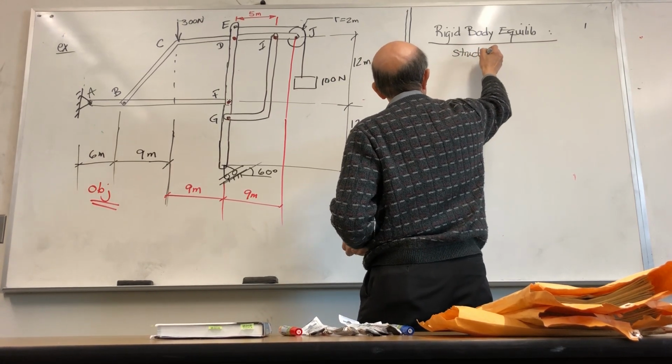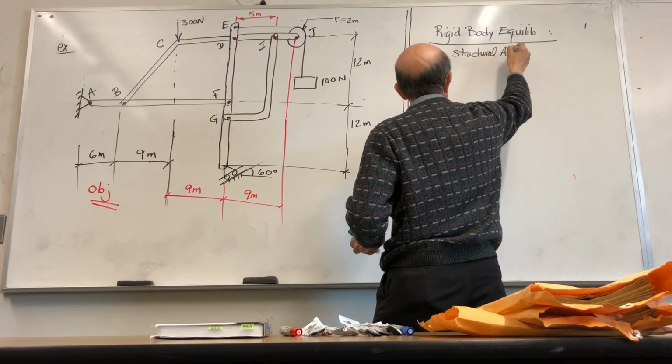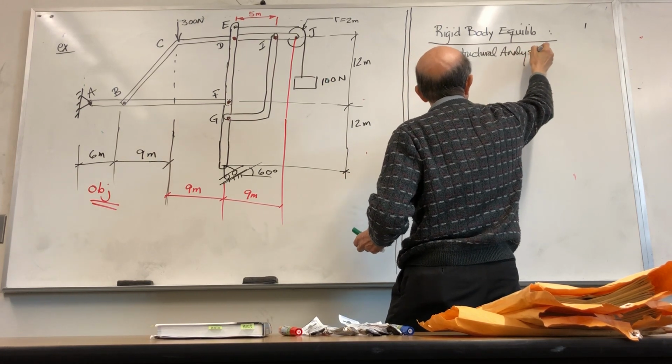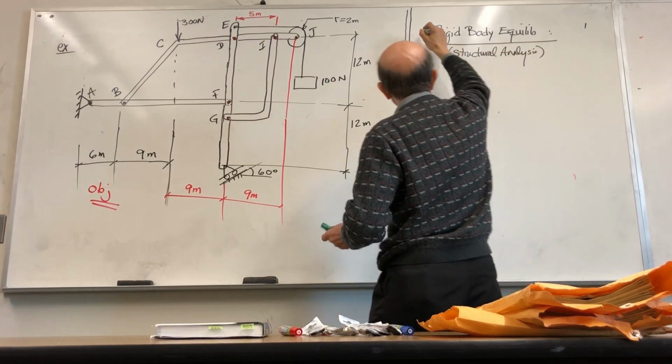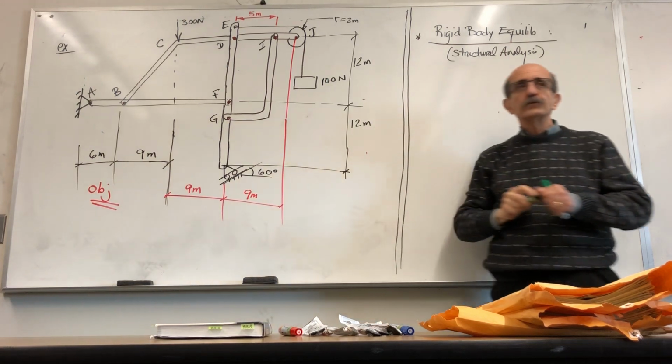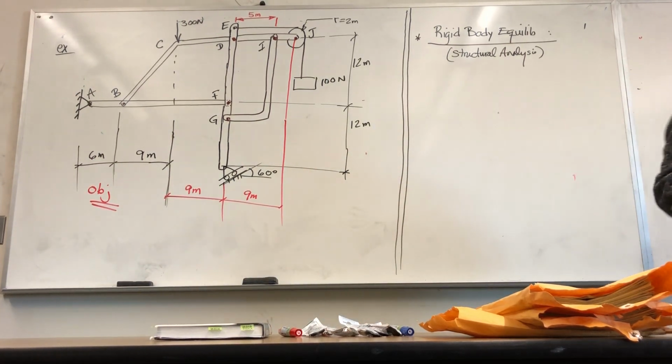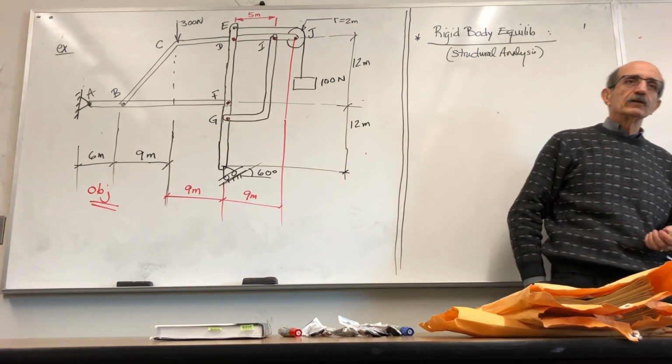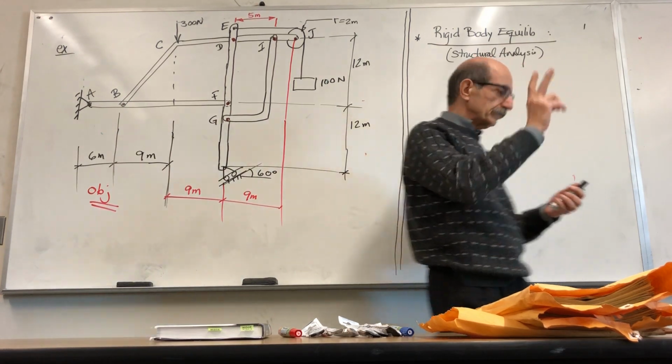That's what it is, sort of an introduction. This is your first exposure. So what were the objectives of rigid body equilibrium, or rigid body analysis? There were two objectives.